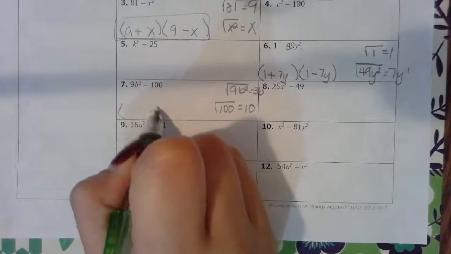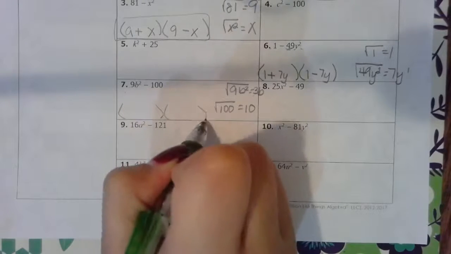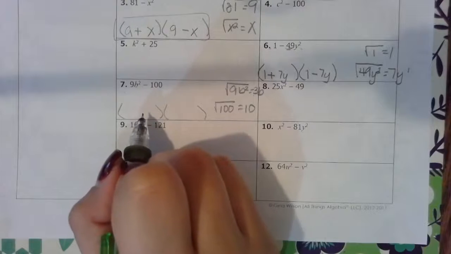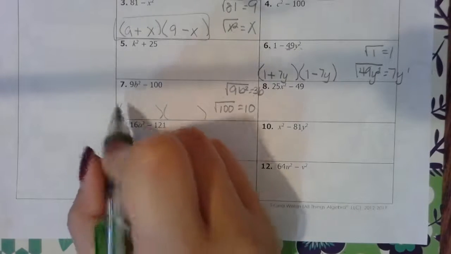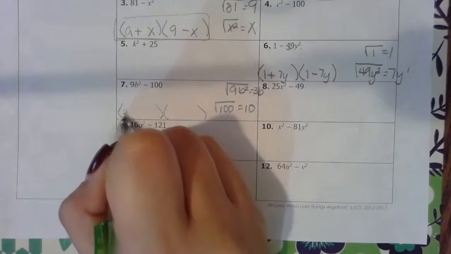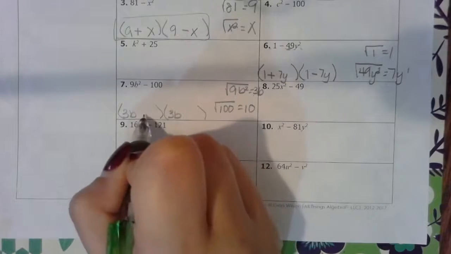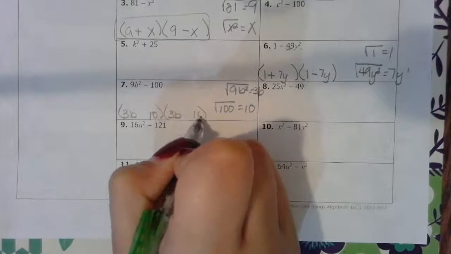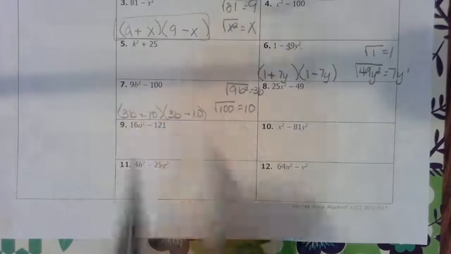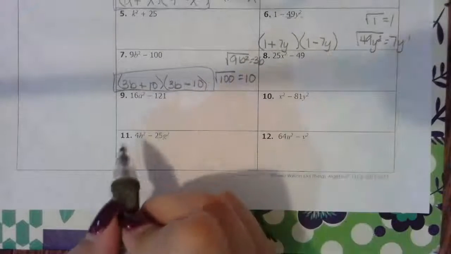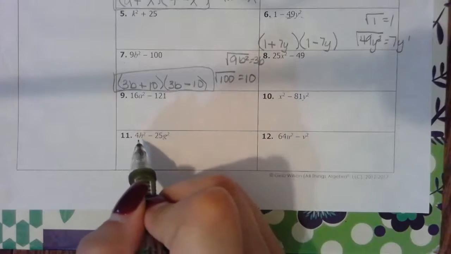So then do your open parentheses, 2 sets. So then you would have 3b, because 9b squared came first, so you'd write 3b first, and then 10 second, and then subtraction and addition. That's it.